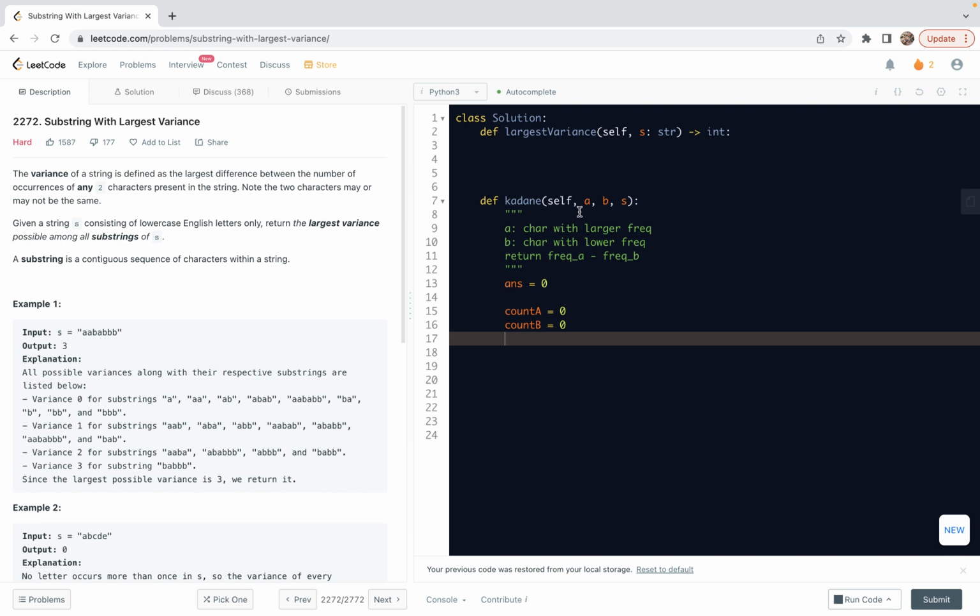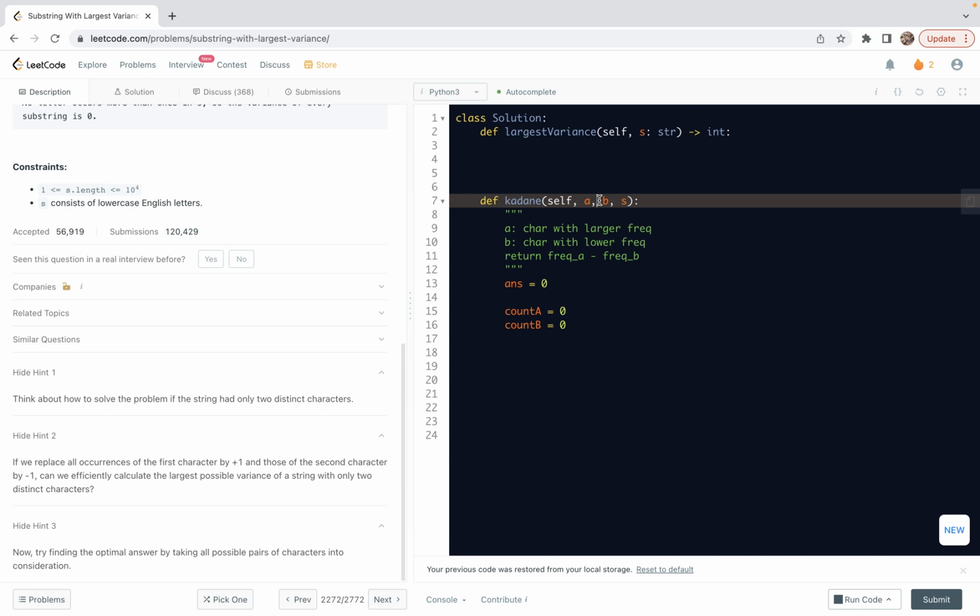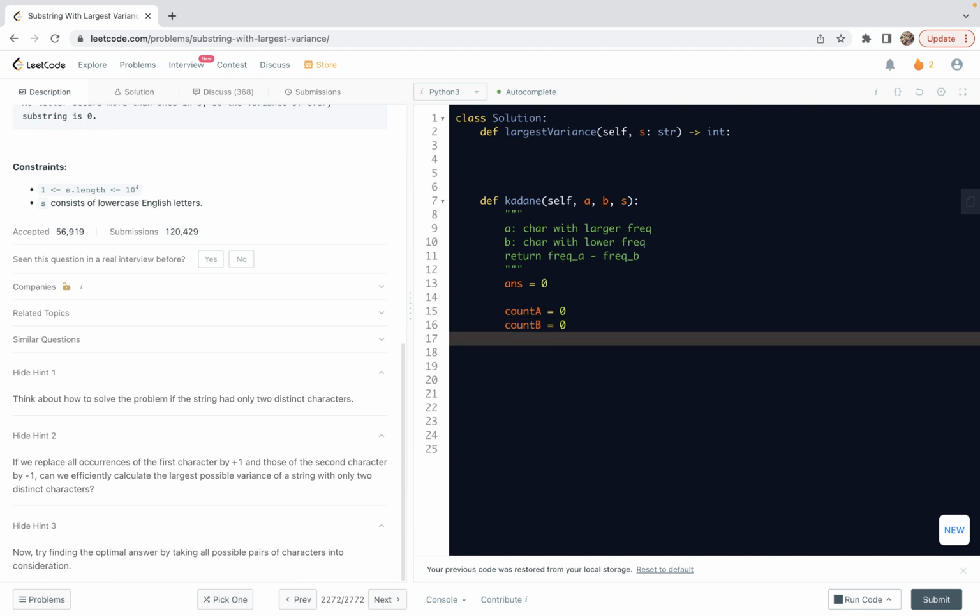Now we're going to traverse this string S. As hinted by the problem, if we meet an A, we count it as a +1. If we meet a B, we count it as a -1. But the final difference must have at least 1 B. So for this, we can also extend a previous B; we want to include this B. This is the role of this flag variable, or Boolean variable.